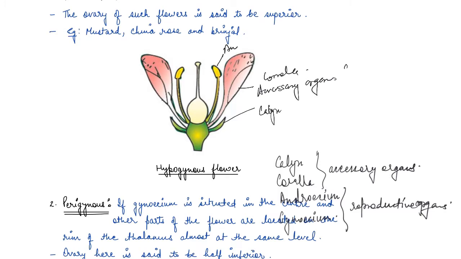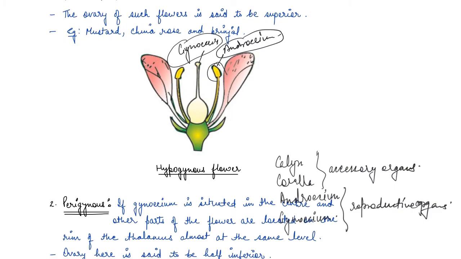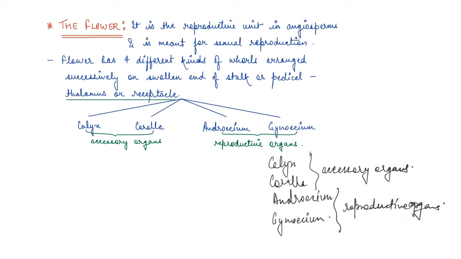This is androecium, and this is gynoecium, right? So androecium is nothing but the male reproductive part, and gynoecium is the female reproductive part. So this basically is the structure of the flower, right? Yes, so we studied what are the different parts of a flower, right?